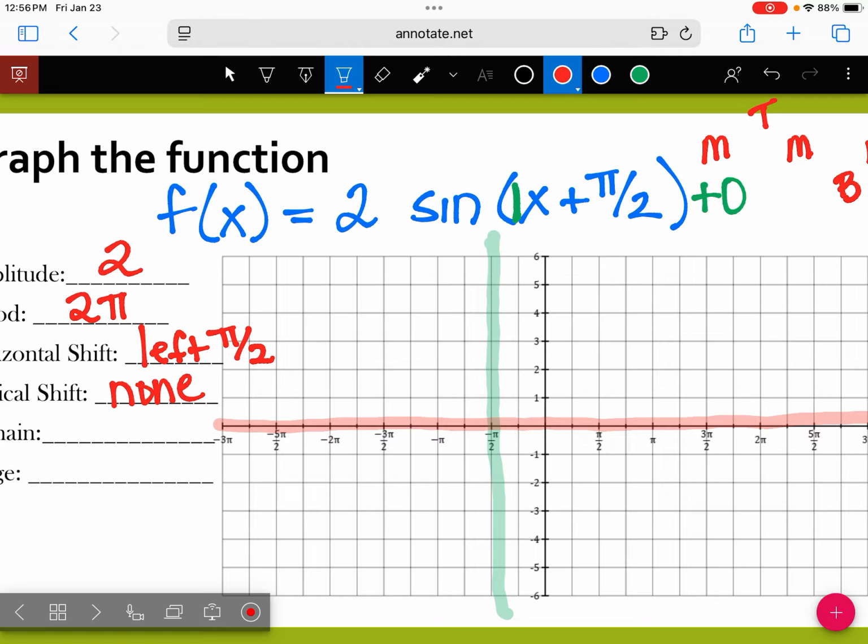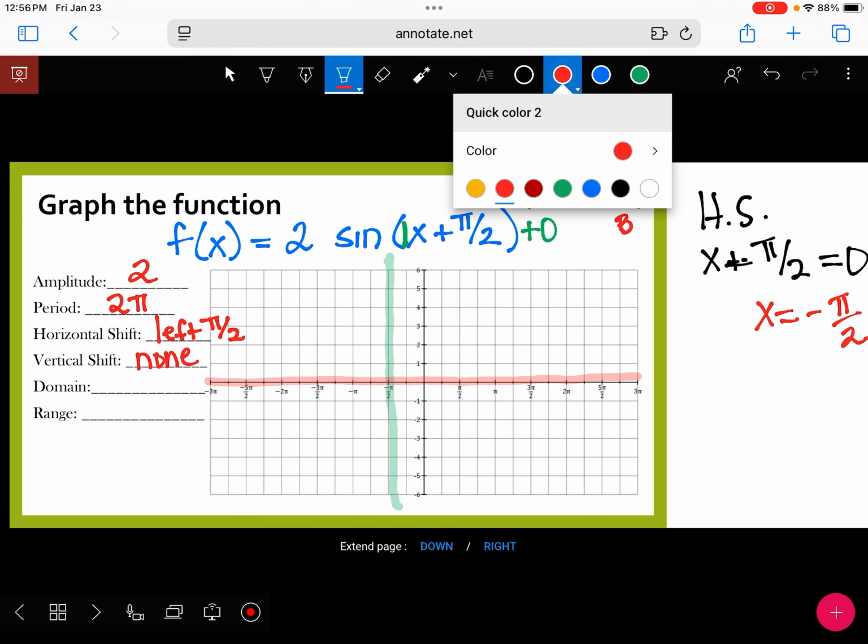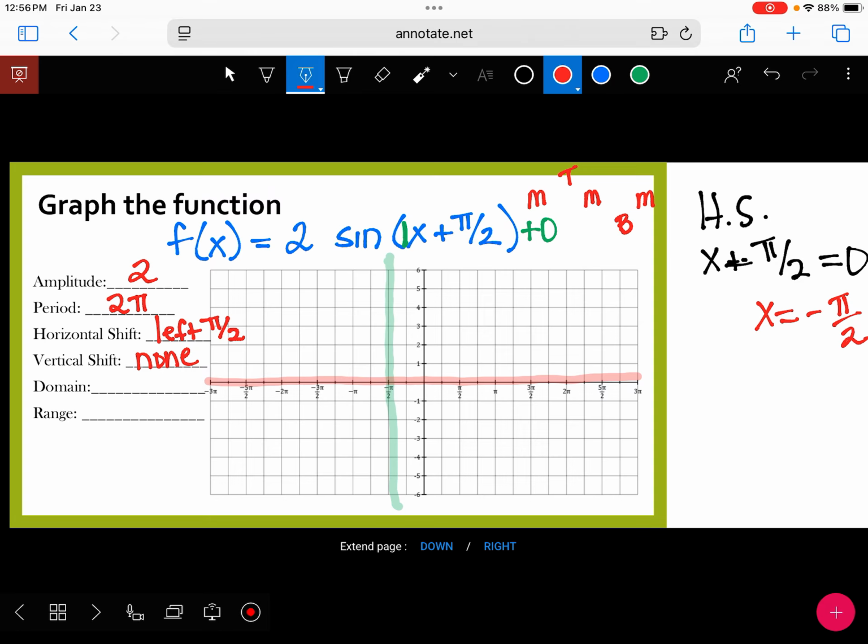Okay, so I'm going to show you the mathematical way to find the end, and then I'm going to tell you my way to find the end. Because my period is 2 pi, and I'm starting at negative pi over 2, I would have to add to that 2 pi because that is the period.